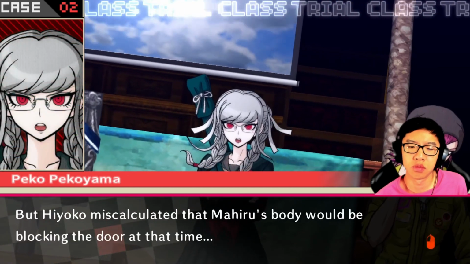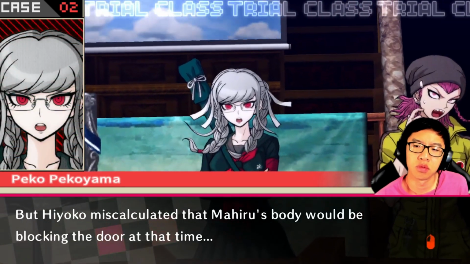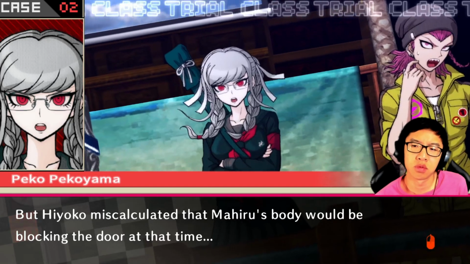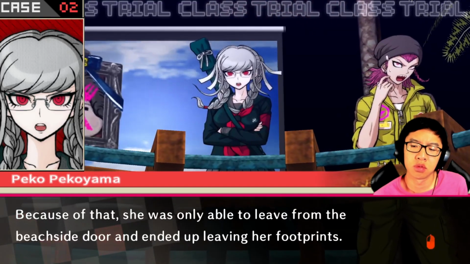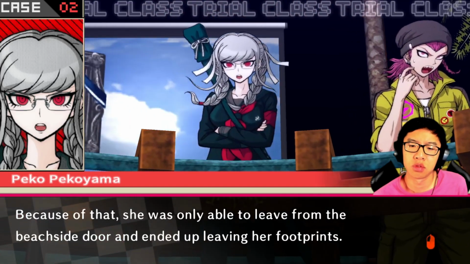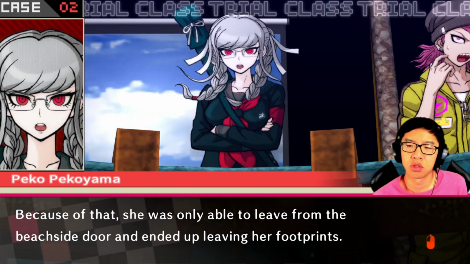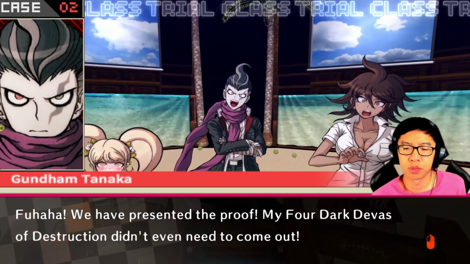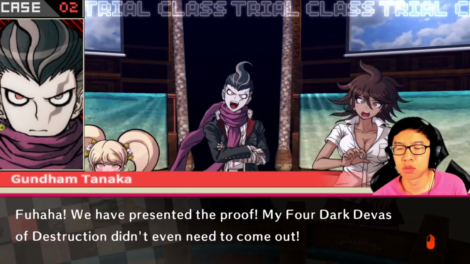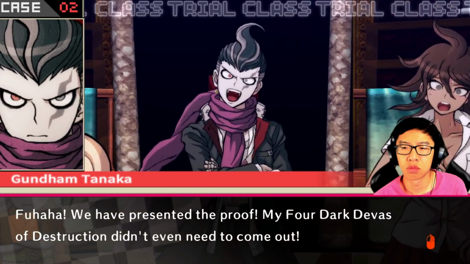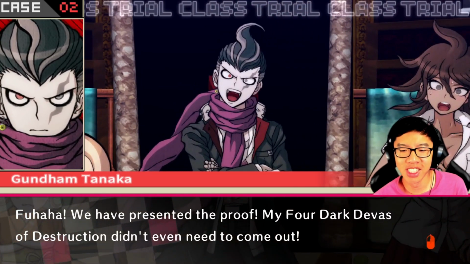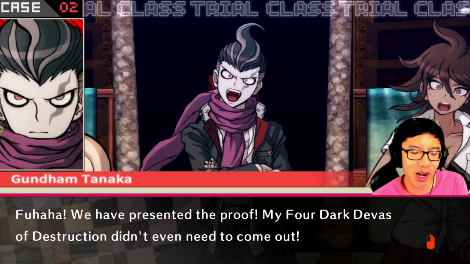But Hiyoko miscalculated that Mahiru's body would be blocking the door at that time. Because of that, she was only able to leave from the beachside door and ended up leaving her footprints. We have presented the proof! My 4 dark devas of destruction didn't even need to come out! He's not at his full power.